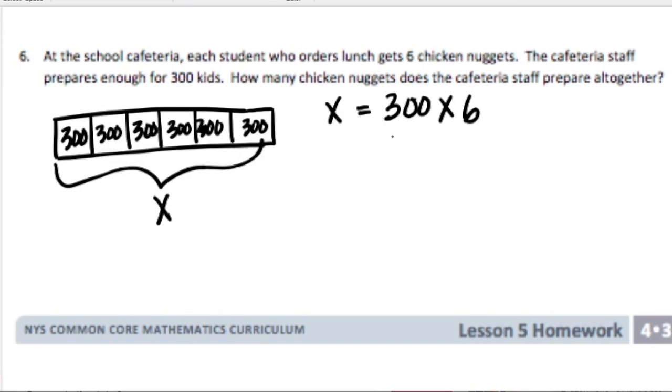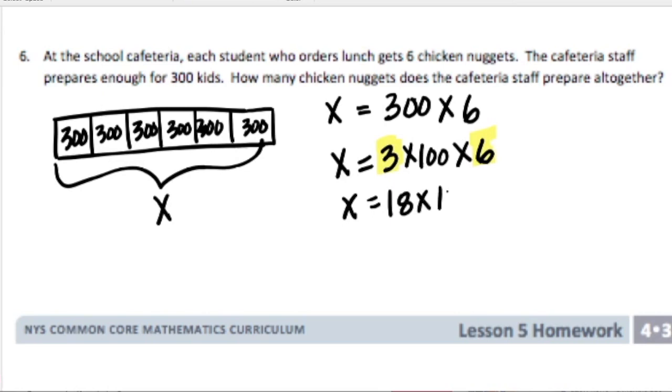So, in order to solve this, I know 300 is 3 hundreds times 6. I'm going to do 3 times 6 and then do that times 100. 3 times 6 is 18, times 100 is 1800.